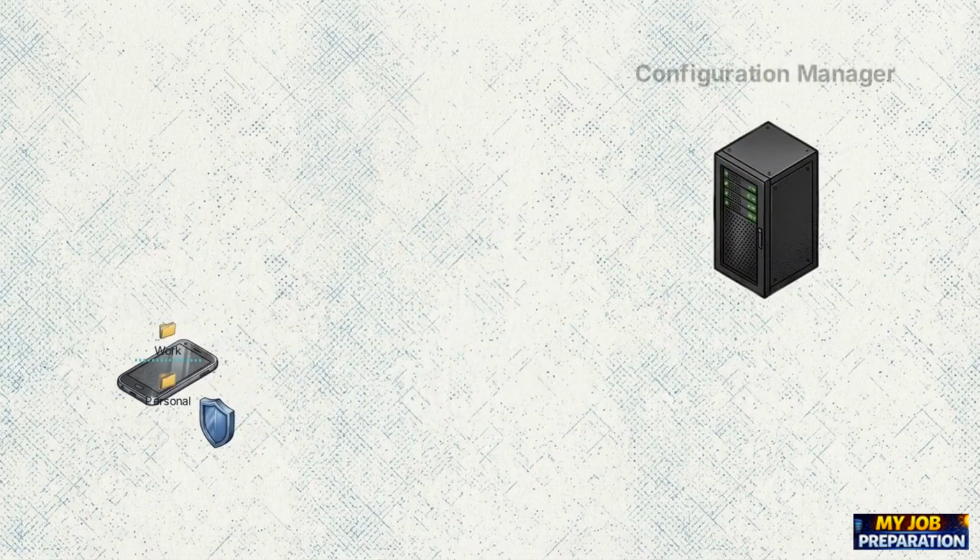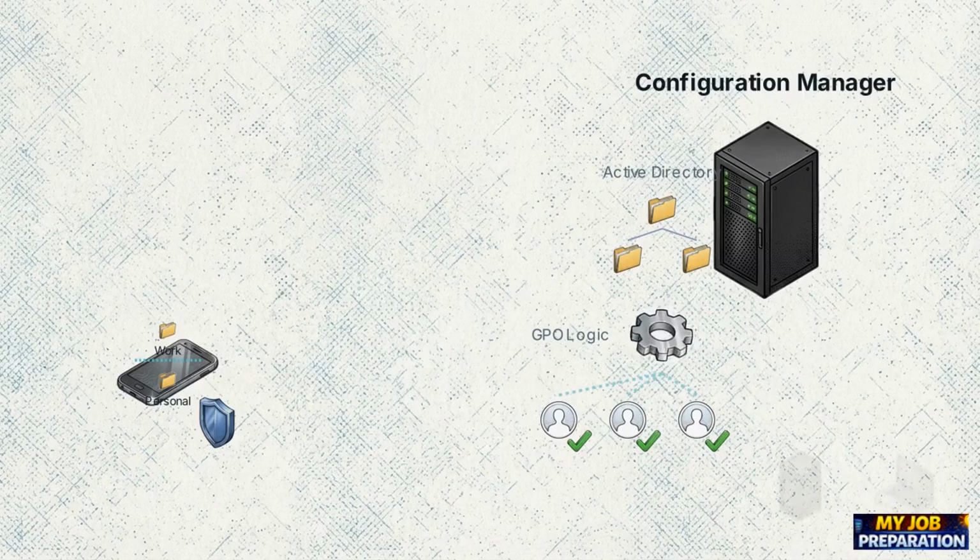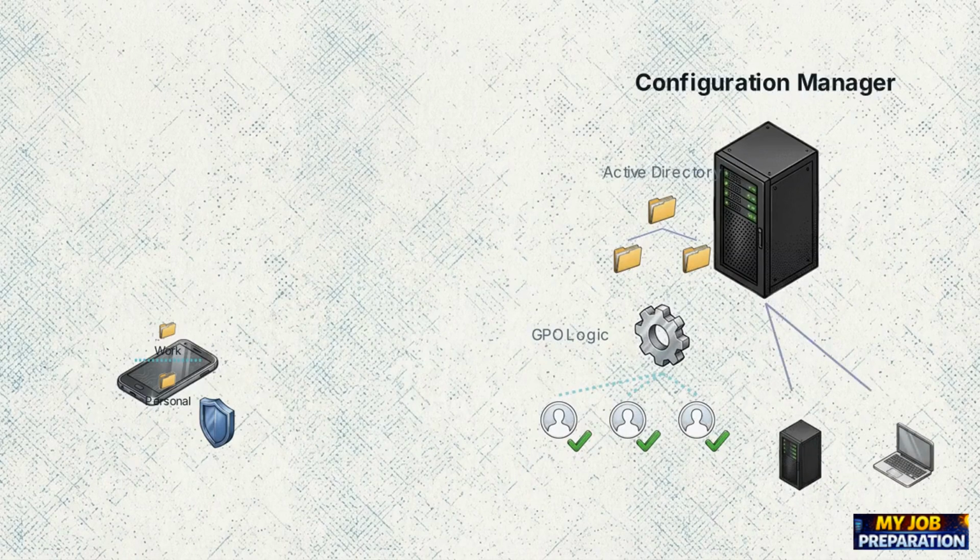For organizations with existing local infrastructure, the architecture includes Configuration Manager. Configuration Manager is an on-premises management engine that utilizes Active Directory and Group Policy Objects, or GPOs. GPOs are a collection of settings that define what a system looks like and how it behaves for a defined group of users. It remains the primary tool for managing data centers, legacy applications, and server operating systems on local networks.